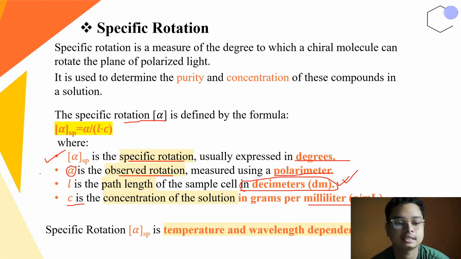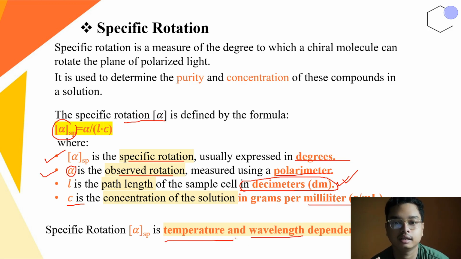Now I want to emphasize a little bit the difference between alpha specific and alpha. Alpha specific is observed when the particular compound is present at full concentration. If the chiral compound is in a mixture, like a mixture of the same enantiomer in the R form or S form, then depending upon their concentration the rotation value changes a little bit, and this is determined by alpha. This specific rotation is temperature and wavelength dependent.